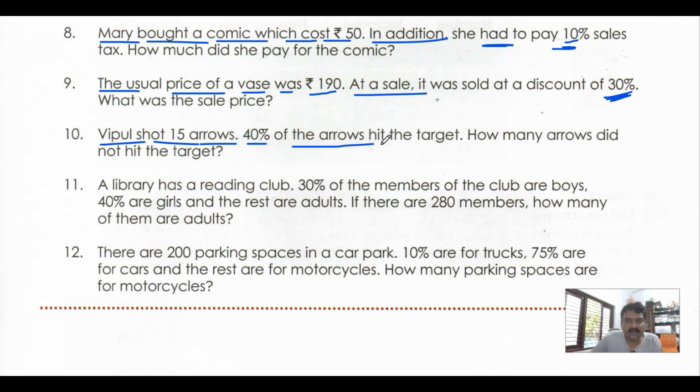Vipul shot 15 arrows. 40% of the arrows hit the target. How many arrows did not hit the target? Okay, Vipul shot 15 arrows. 40% of the arrows hit the target. That's it.